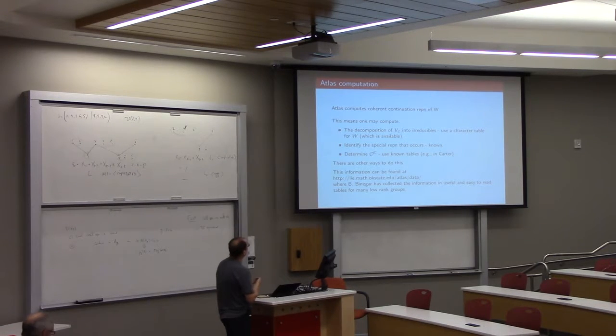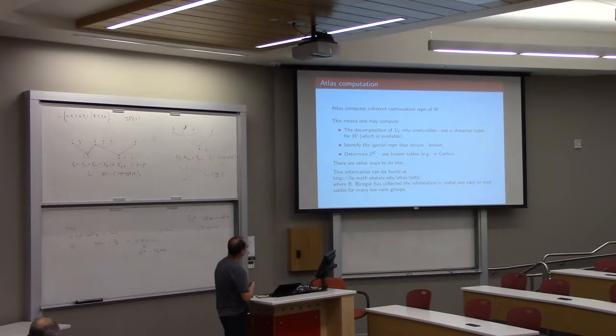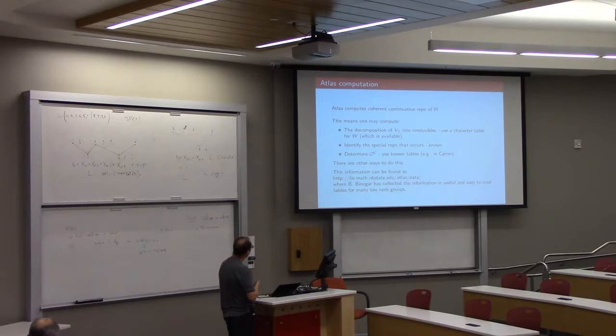Well, you know its character, and you can look up on some tables the special representations, decompose the character and see which the special representation is. And then you can determine the orbit that corresponds, because that is known also. Okay, and all this information is contained on a web page.